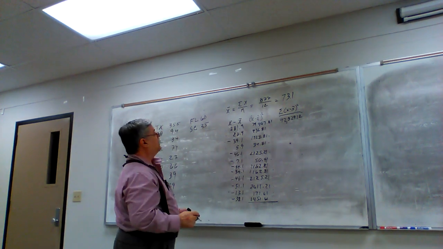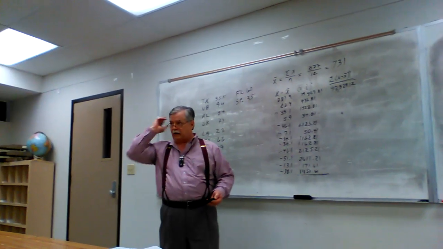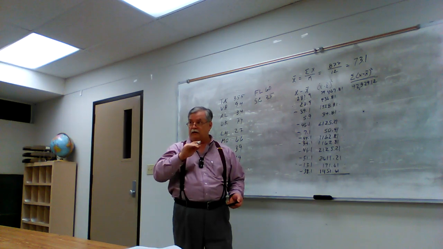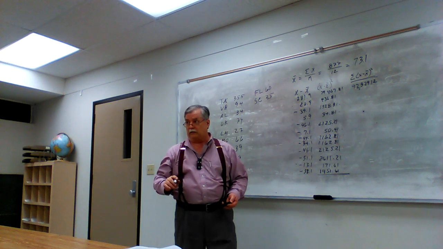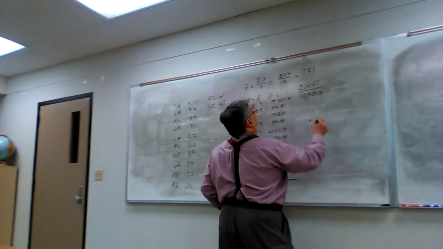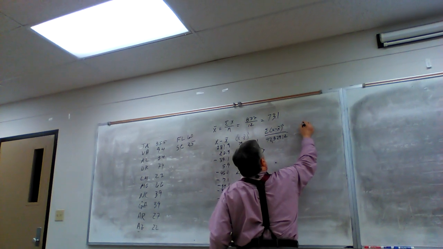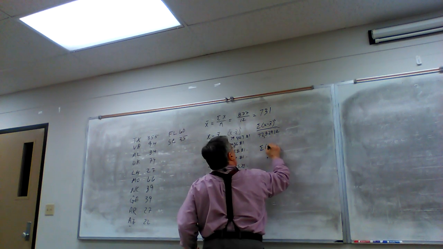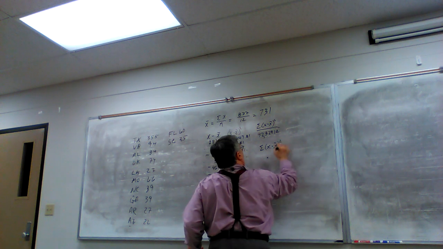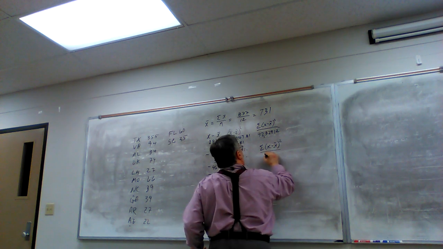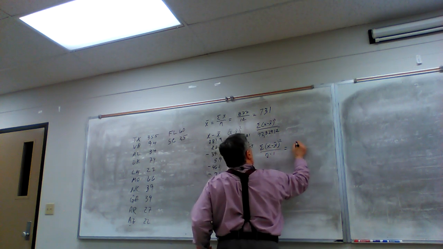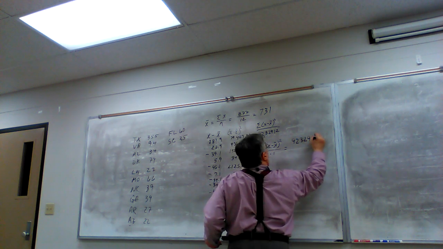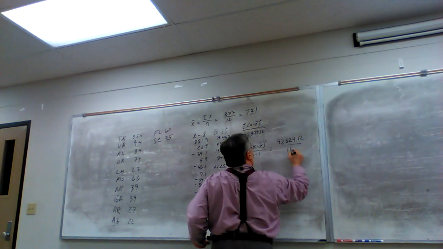Well, there are 12 numbers there, right? 12 values in our sample. But because this is a sample, we divide not by n, but by n minus 1. So we've got the sum of x minus x bar squared divided by n minus 1 equals 92,329.12 divided by 11.